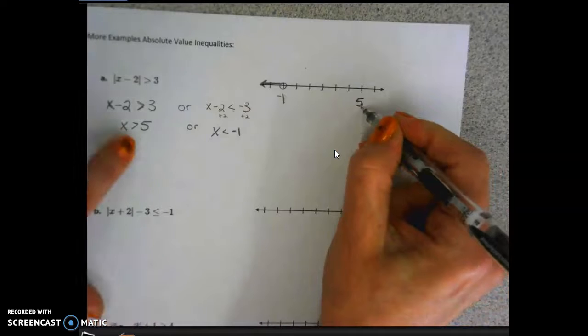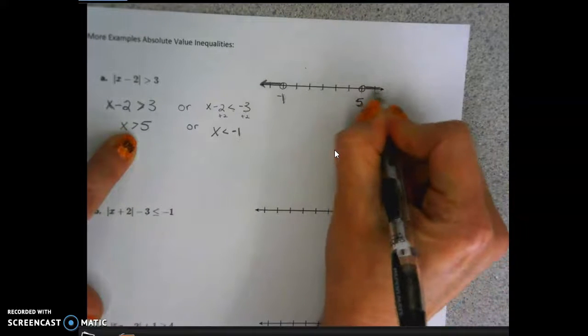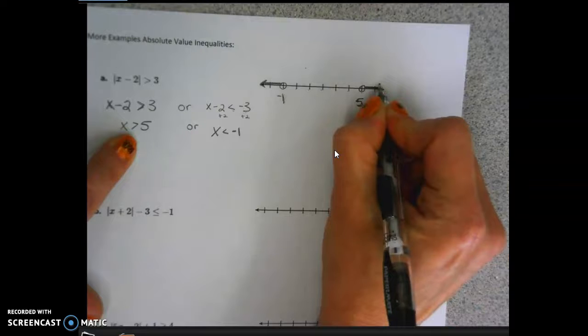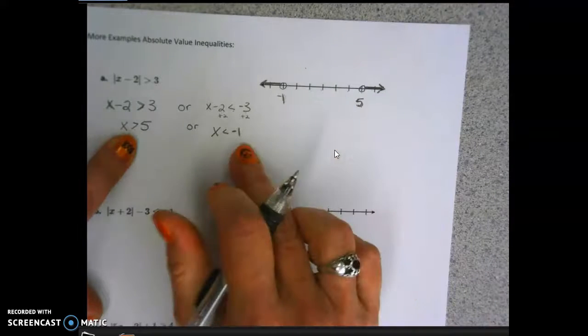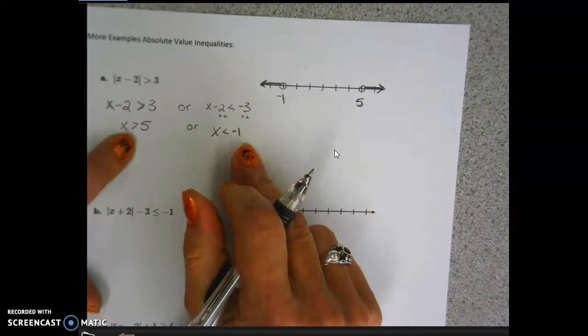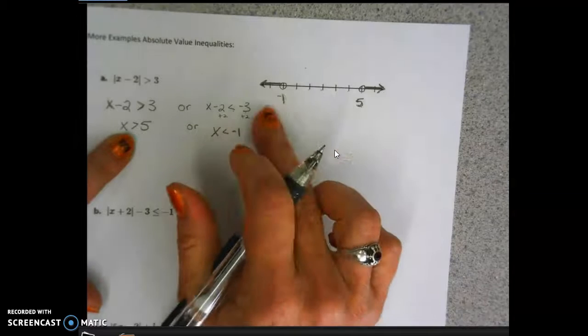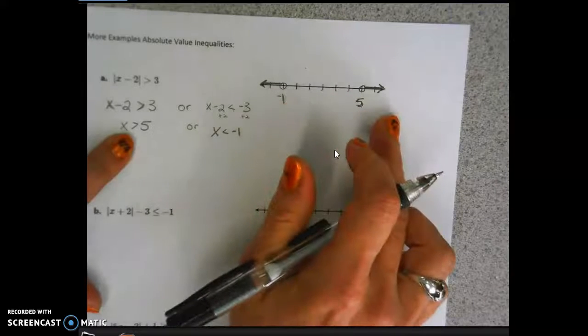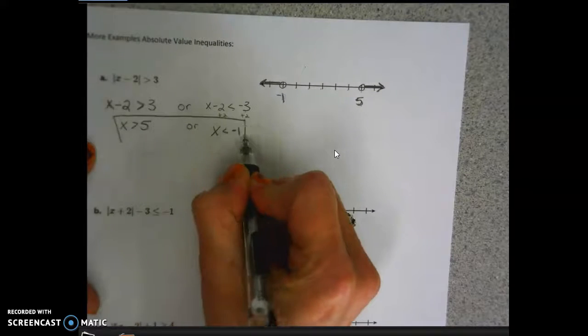X can also be strictly greater than 5. Open circle shaded this way. If you see that your shading does not meet up in the middle, you cannot write it as a compound inequality. And it doesn't make any sense for a number to be less than negative 1 and greater than 5. So I'm going to keep my or, and it looks like this work is good to box in.